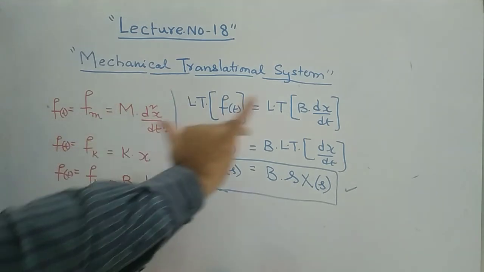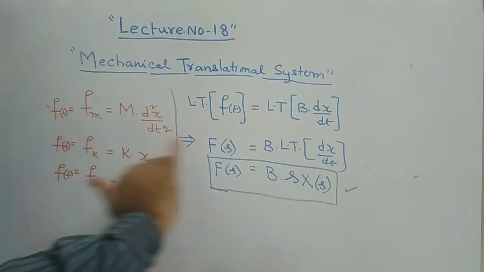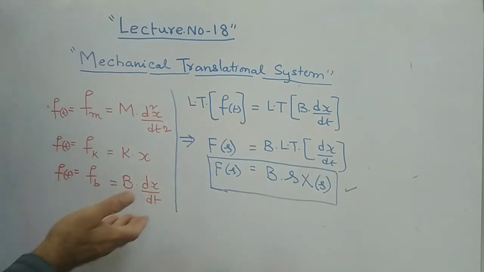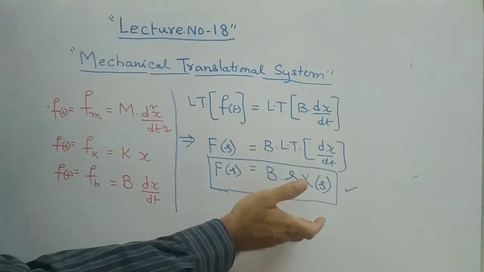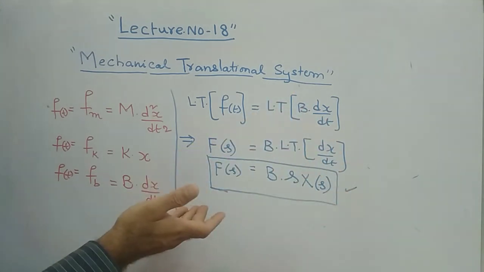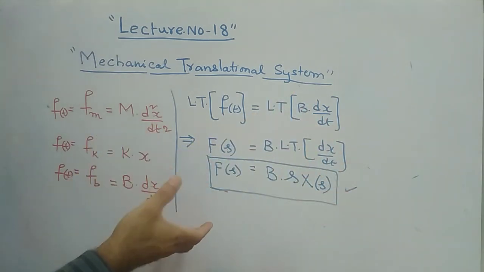And then you have to find out the ratio which I just explained to you, that is x of s by f of s. Is it not? If you find out that ratio, your problem will be over.